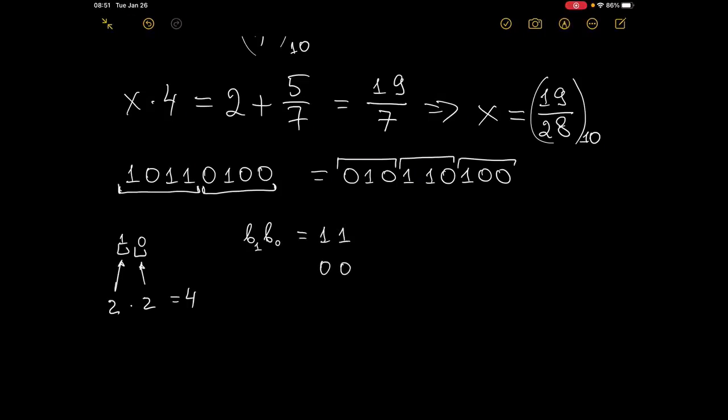So the maximum number is 2 plus 1, 3, right? And the minimum number is 0. How many numbers can I represent using 2 bits as a result? 0, 1, 2, 3, right?